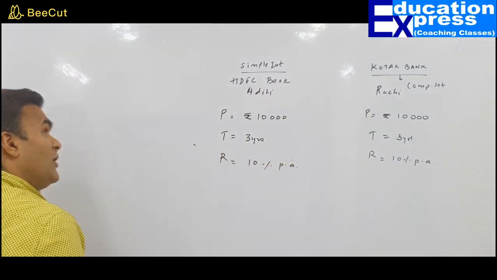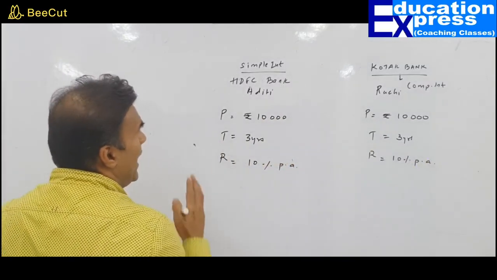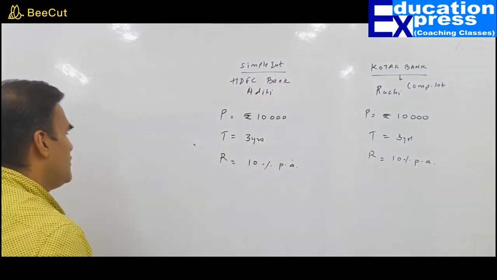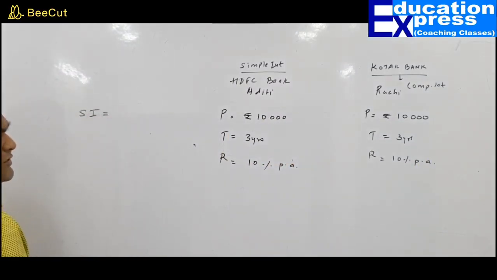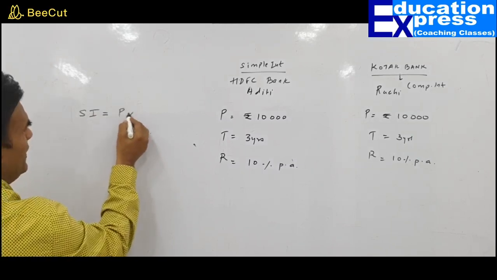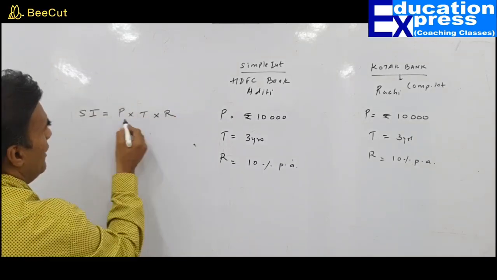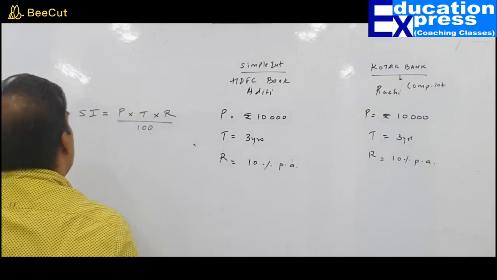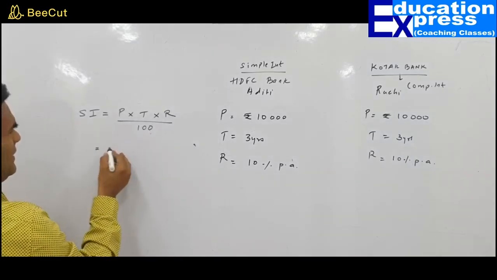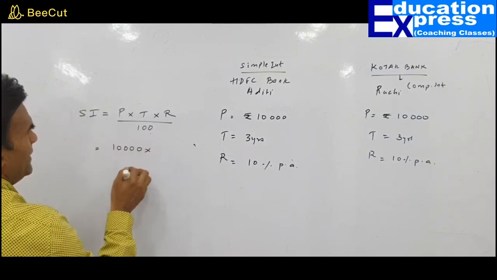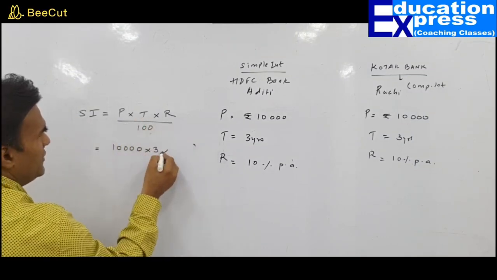At the end of 3 years, what is the money that Aditi will receive? So the answer is, the simple formula that we have for simple interest is simple interest is equal to P into T into R upon 100. And I'm sure you all are aware of this formula. So P is 10,000, T, time, is 3 years.